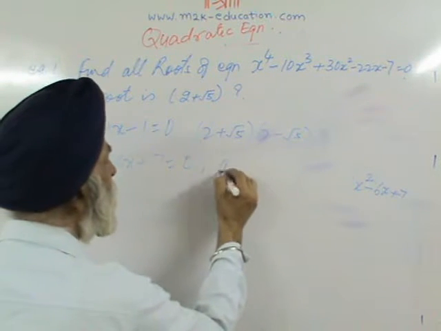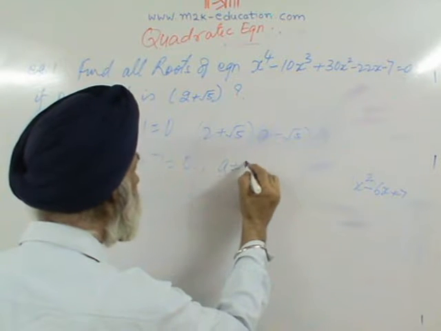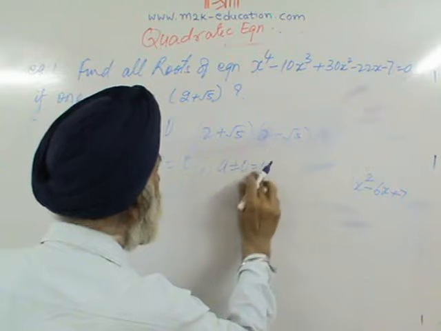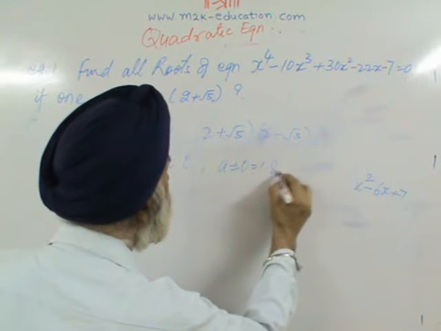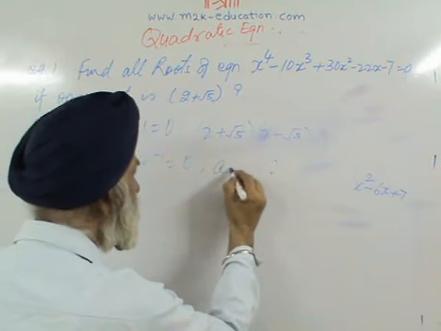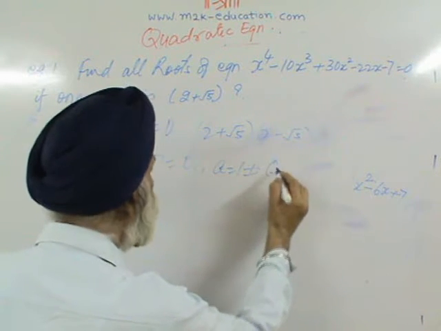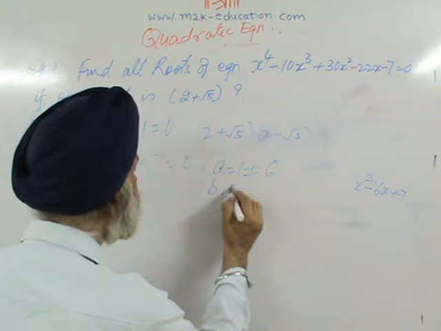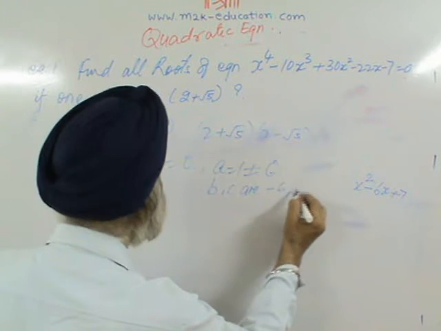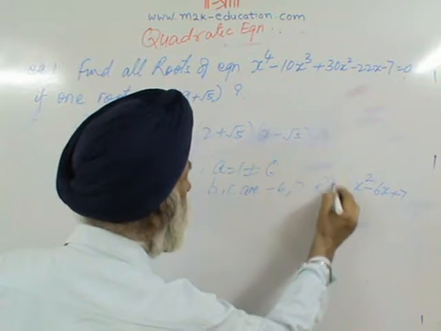Here we are very well aware a is not equal to 0, a is equal to 1, and b and c are minus 6 and 7, real numbers.